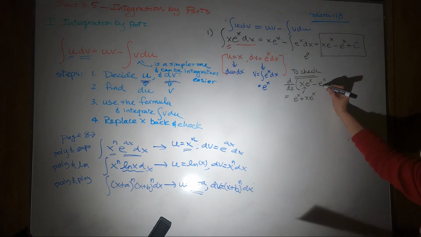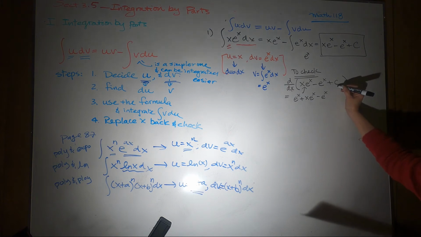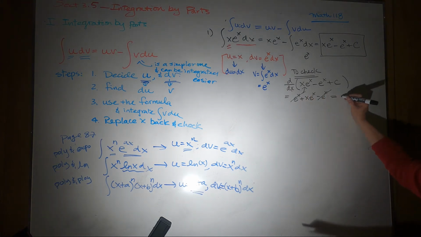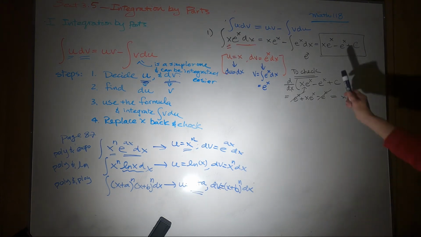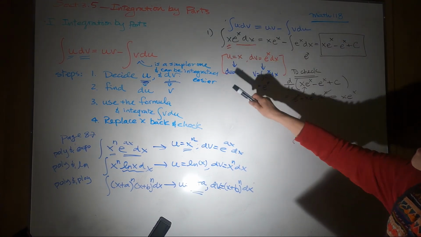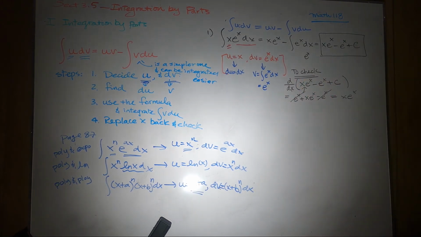Then the derivative of this will be minus e to the x. Then the derivative of this constant is 0. So you check, then those cancel out, then you get x e to the x. So when you take a derivative, that will be the inside. Then you take the antiderivative of the inside and it becomes its original. That's how you check. Okay?